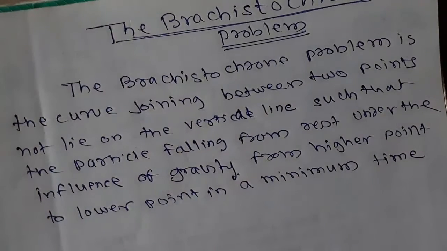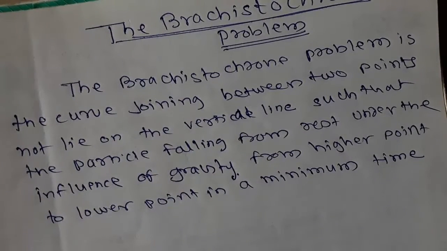What is the Brachistochrone problem? The Brachistochrone problem is the curve joining between 2 points which do not lie on the vertical line such that the particle falling from rest under the influence of gravity from higher point to lower point takes a minimum time.